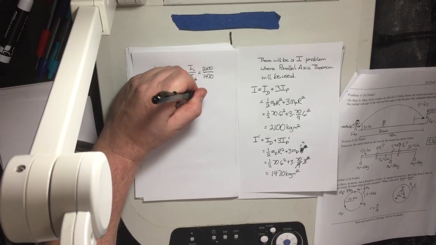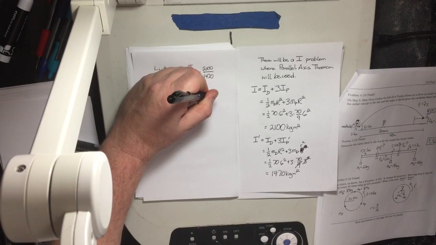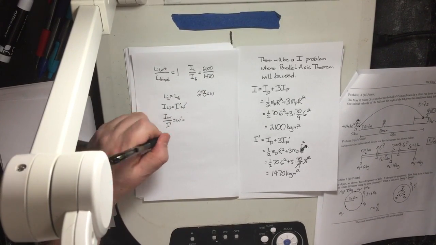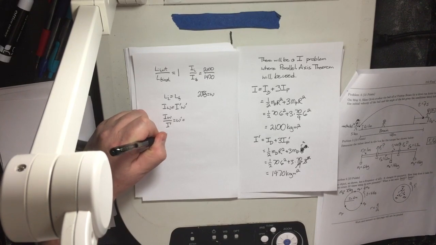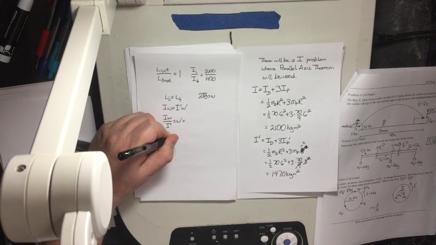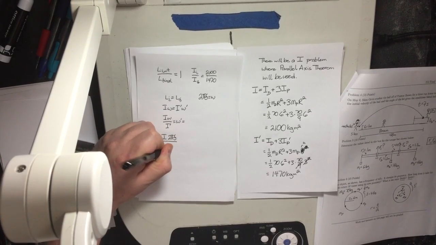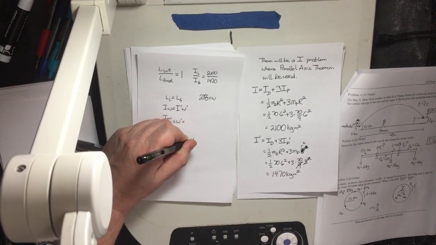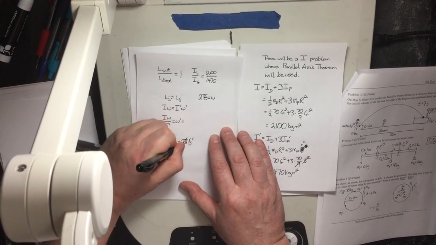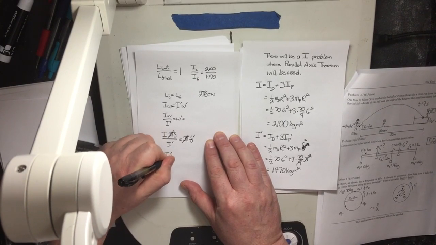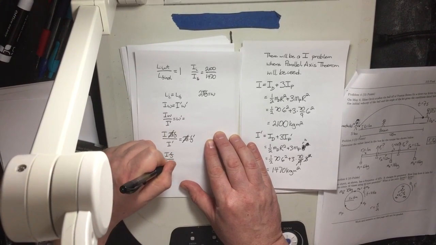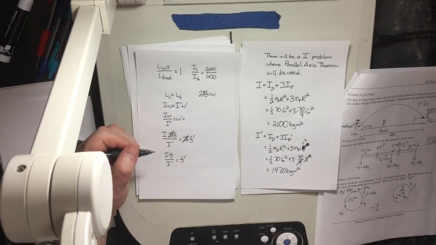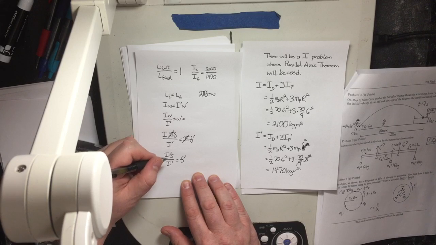Now 2 pi f is equal to omega. So this becomes I 2 pi f over I prime is equal to 2 pi f prime. The 2 pi's cancel. So I f over I prime is equal to f prime. And then you just take the inverse of this.